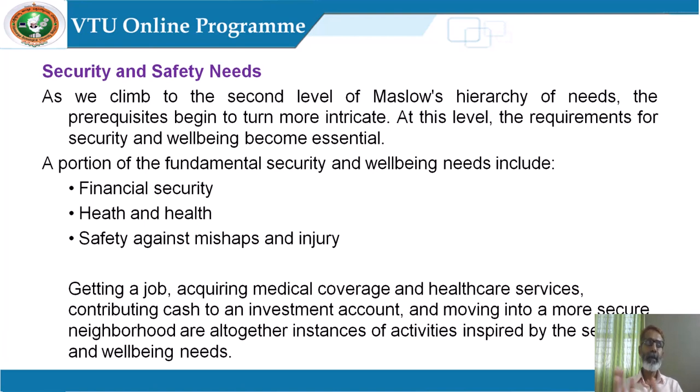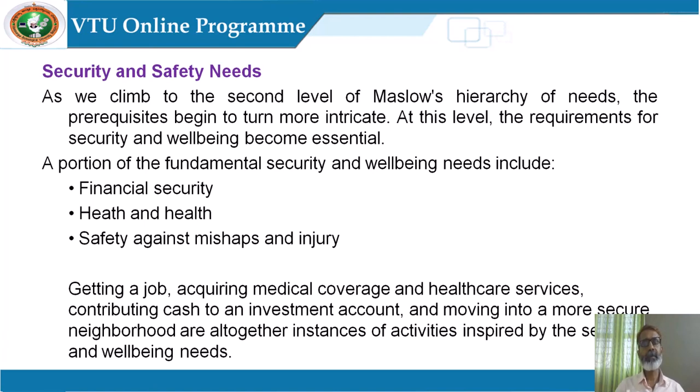When you look at security, a portion of the fundamental security and well-being includes saving something, that is looking for financial security. Then health and health benefits, maybe we may go for buying a life insurance for the safety needs. Then safety against mishaps and injuries.